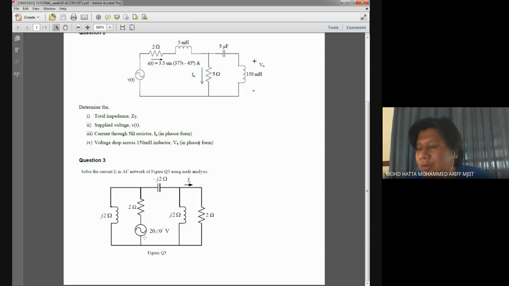How do you know this is a voltage source? Because we have 20∠0° V, which means that this is considered a voltage source. And we have about 5 elements or 5 passive components connected in series and also parallel. You need to find Ix using node analysis.